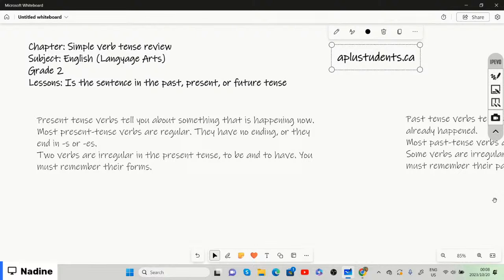Most present tense verbs are regular. When the verb is regular, it has no ending, or it ends in an S, or it ends in ES.